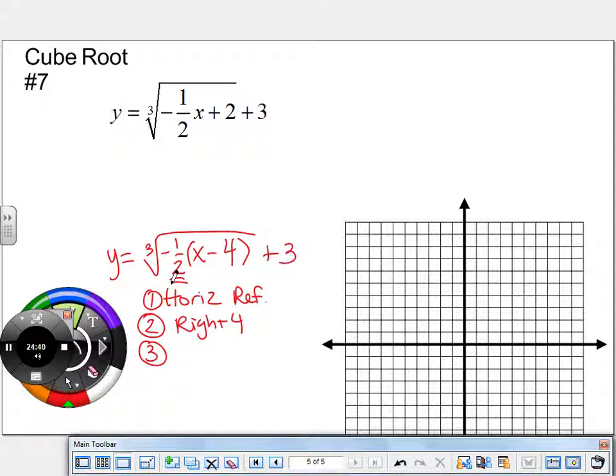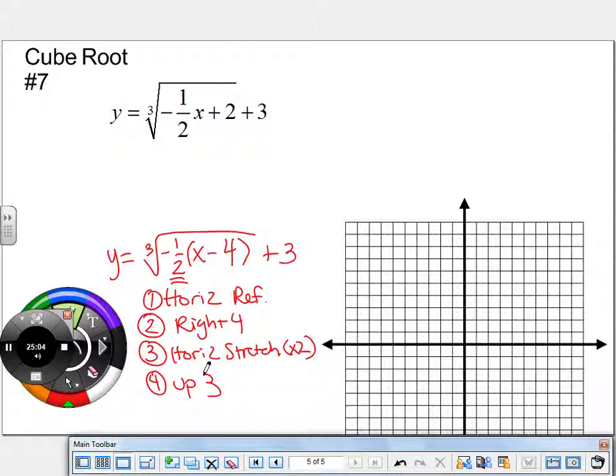So this says -4, but it's really a shift to the right 4. This says 1/2, but it's really taking stuff horizontally and stretching it times 2. So we have a horizontal stretch times 2. And then we have the shift that's going to go up 3.